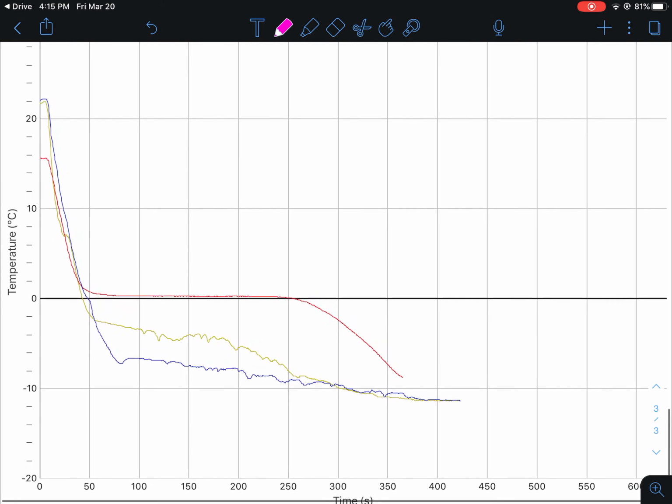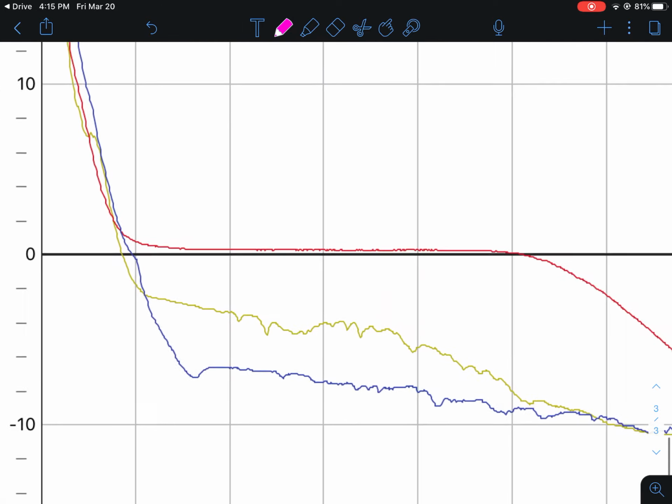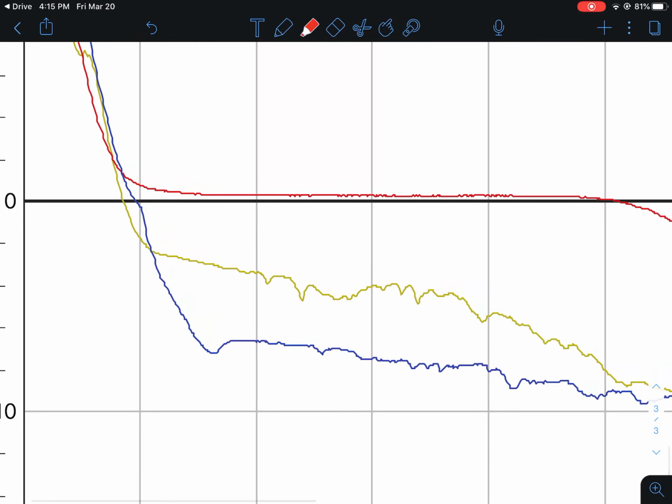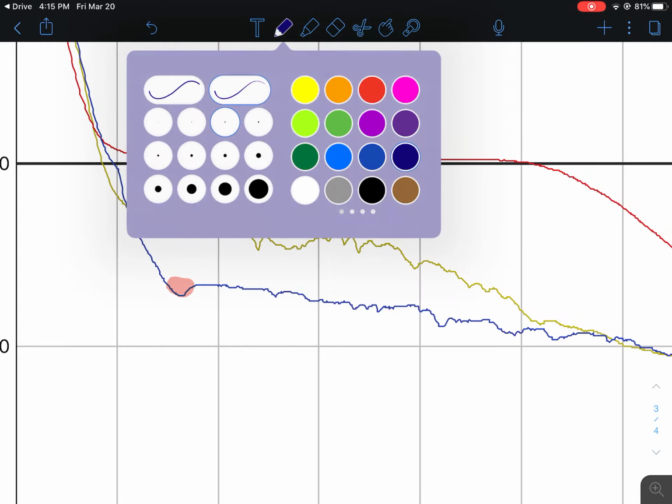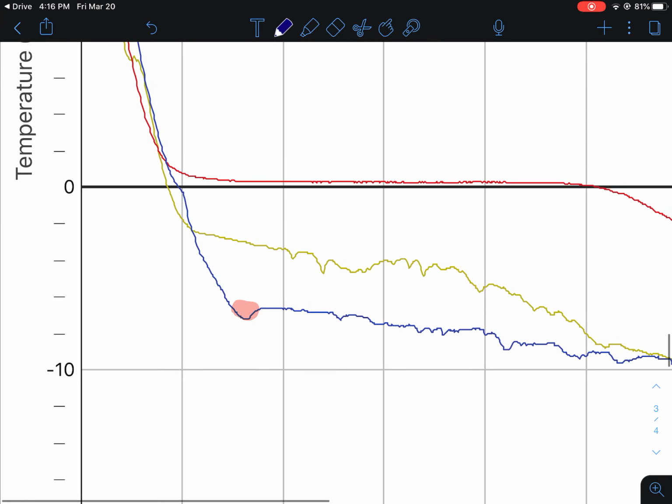And that's super important to understand. So as the solutions freeze, you might still have some supercooling. If you notice this part right here, that's a little bit of supercooling. But you can see that these two solutions, forgive me, I'm colorblind, so I can't tell if this line is orange or green, I'm not sure. But the light colored line, you can look here and say, it's starting to freeze in this general region right here.